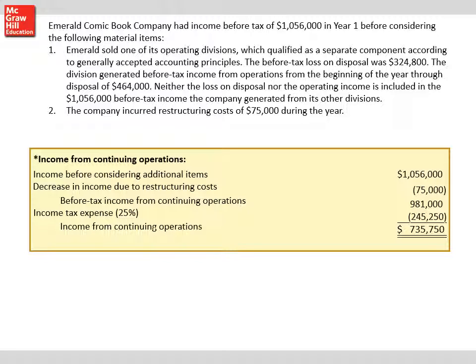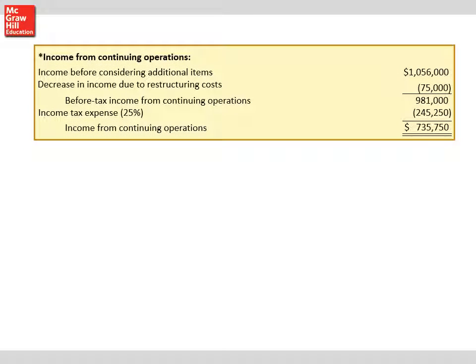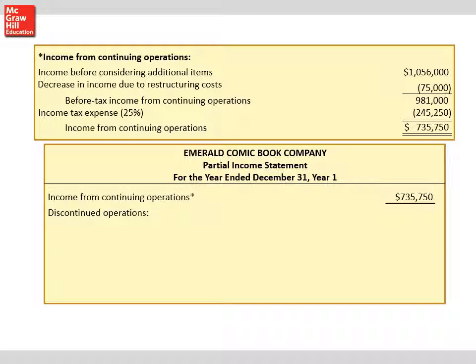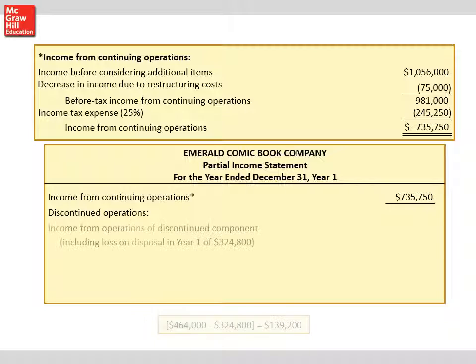Now we'll deal with the discontinued component of it. So we start with income before tax income from continuing operations, right? Now the discontinued operations.